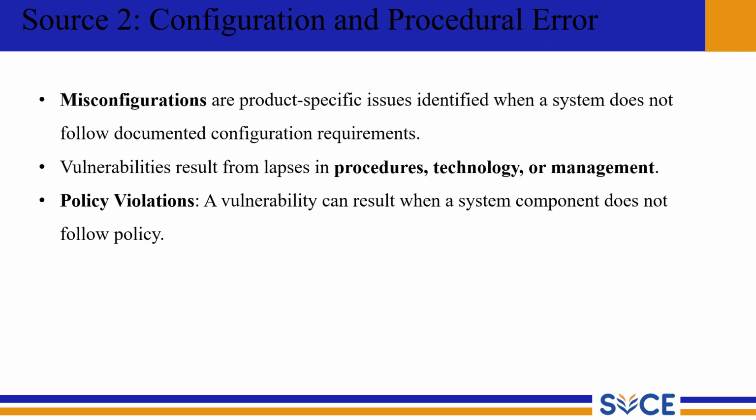Vulnerabilities are not restricted to code. They can result from lapses in procedures, technology, or management. Misconfigurations are frequently exploited. A system configured to run only parts of the operating system, or with a typographical error in a complex configuration file, may open a vulnerability.